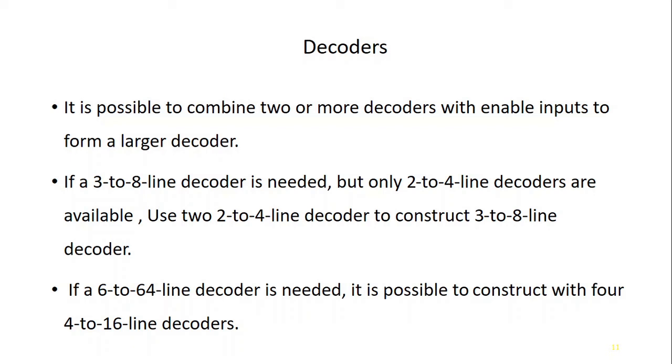In the same way, by using 2 to 4 line decoders, we can construct a 3 to 8 decoder. So it is possible to combine 2 or more decoders with enable inputs to form a larger decoder.